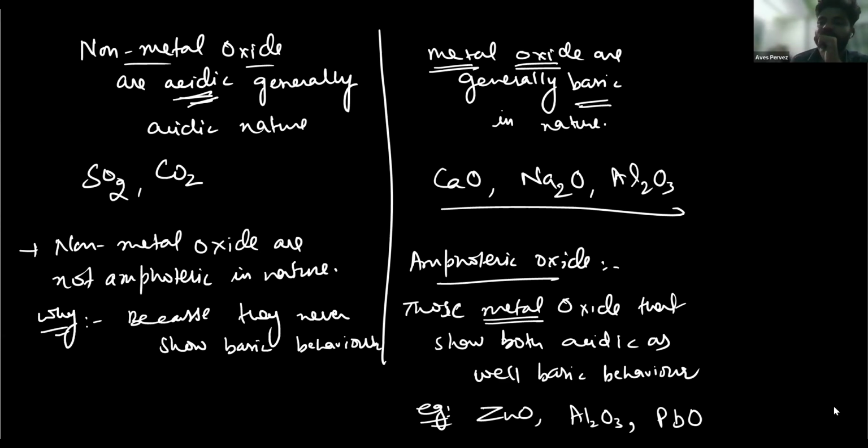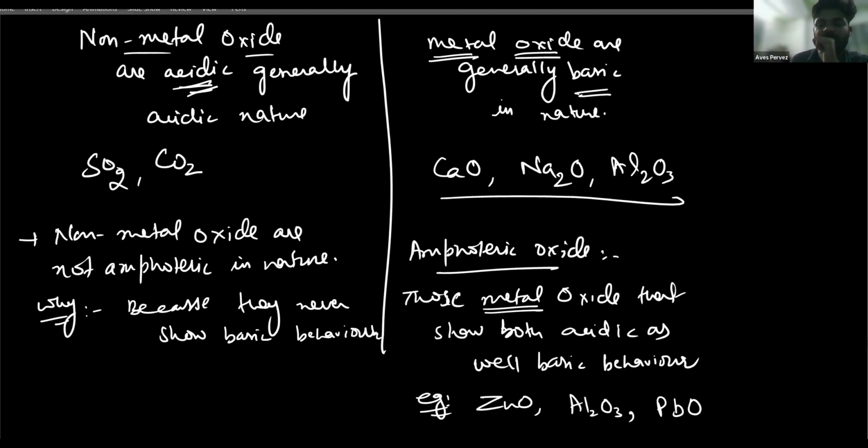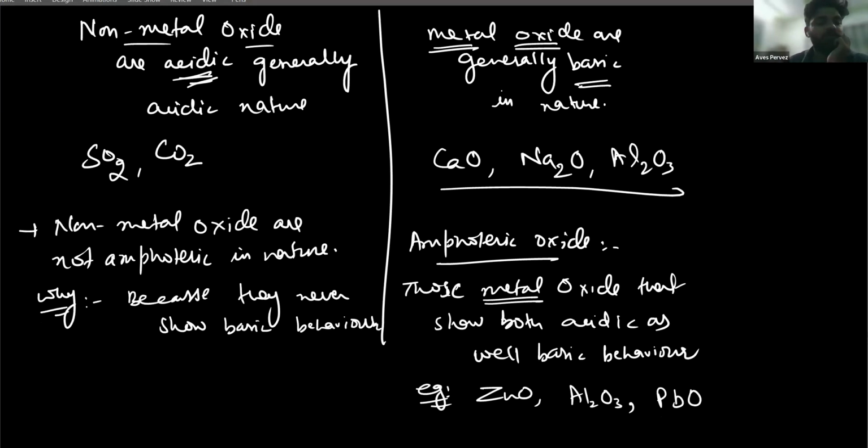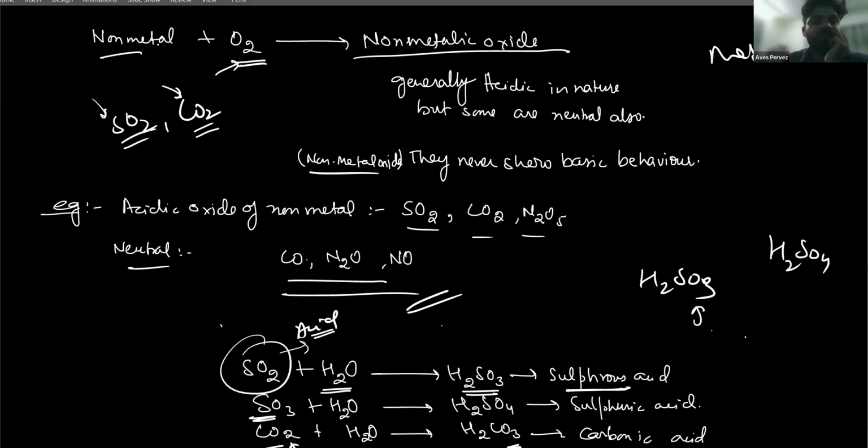So moving to this one. Now please note it down. The first property: when non-metals react with oxygen, they form non-metal oxides, generally acidic in nature, but some are neutral. The important thing about non-metal oxides is that they never show basic behavior.